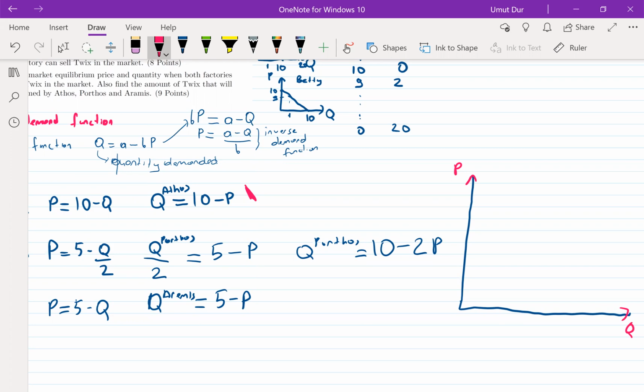Atos's demand is 0 when the price is 10, and when the price is 0, Atos would demand 10 units of goods. So this is the demand for Atos.